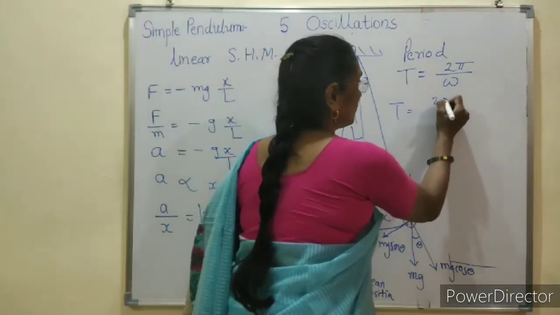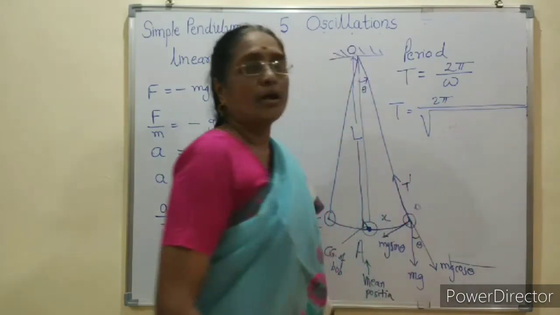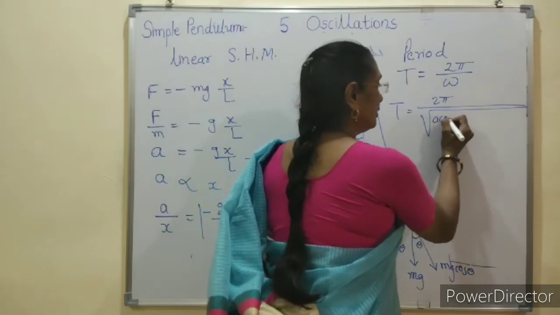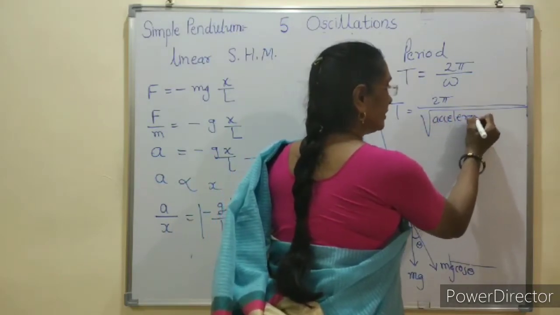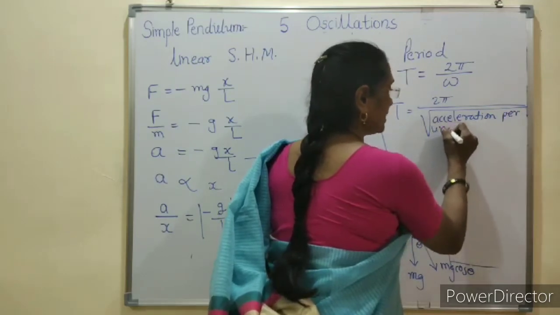T can be equal to twice pi divided by this angular frequency, we have derived as acceleration per unit displacement.